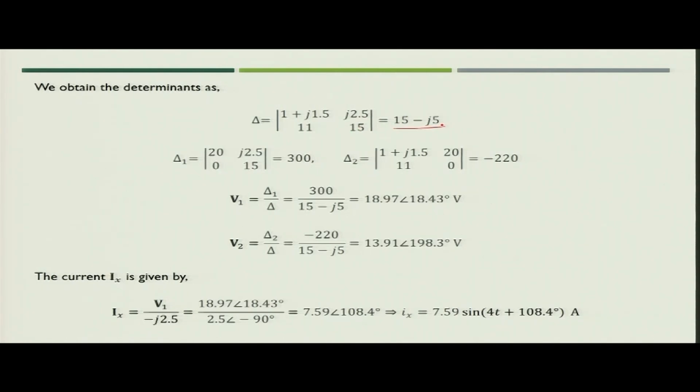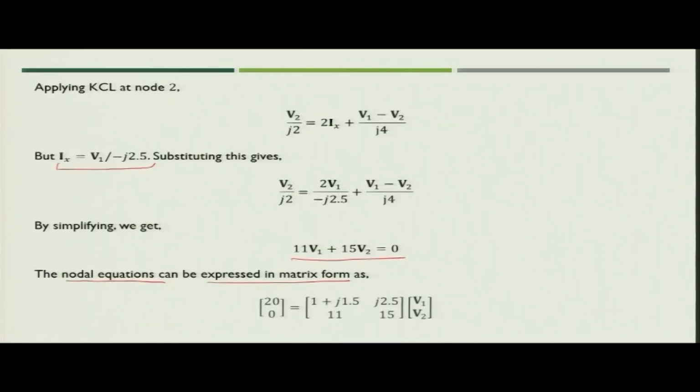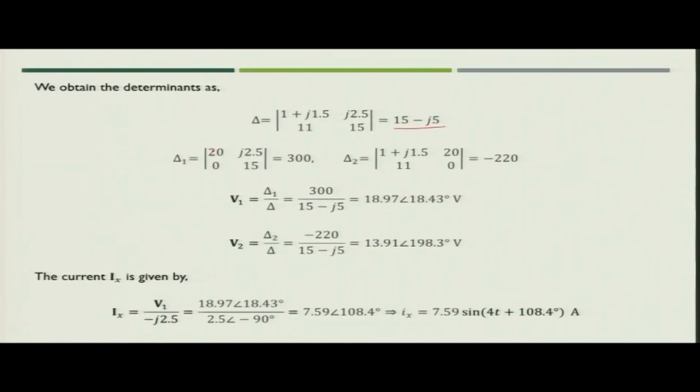we get 15 minus j 5. Now, next we need to find out the value of V 1. So, when you ask to find out the value of V 1, we will compile the corresponding determinant. How? In place of this column, we replace this column with this column. So, the updated determinant will be 20, 0, j 2.5 and 15, and the value of this determinant is 300.